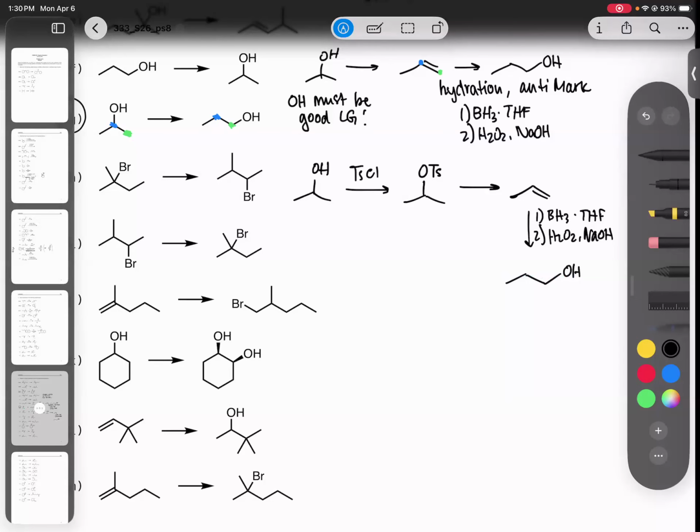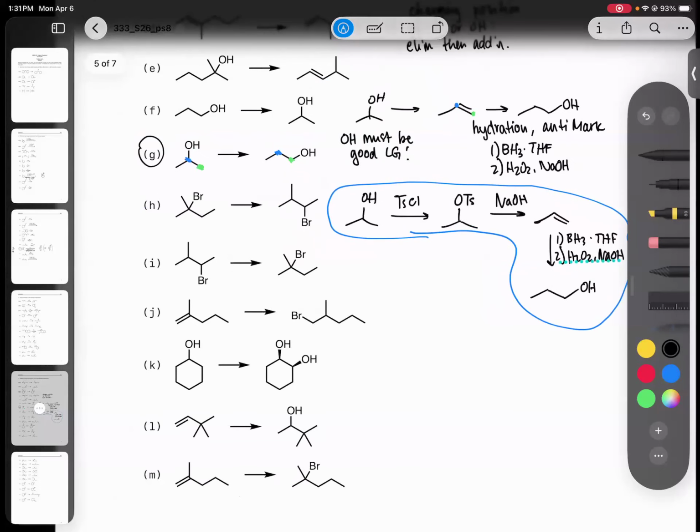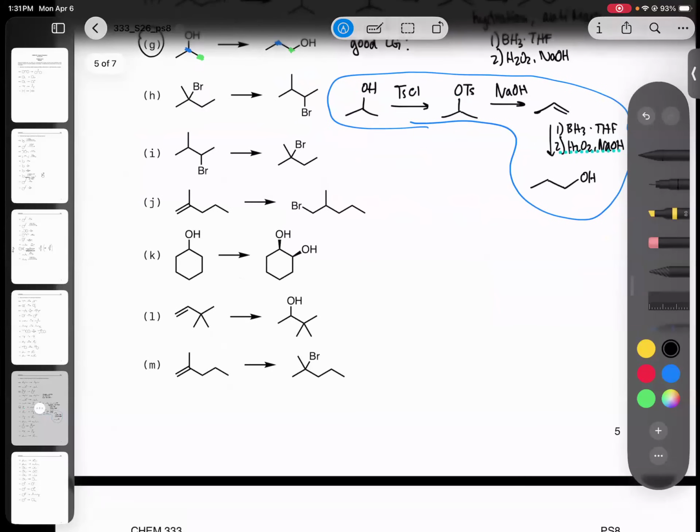And then to do an elimination, here we don't have to worry about the more or less substituted alkene because they're going to be the same either way. Okay, and so we can just use really any strong base. So let's do sodium hydroxide, I guess. Okay, so this is one valid answer to the question.